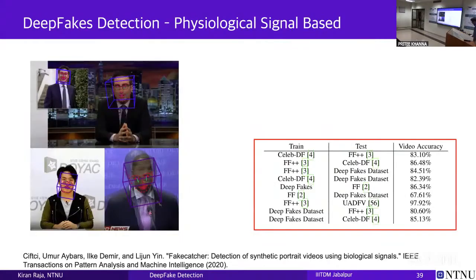Okay, so then there was another work which came out in 2020. So the idea here is that you model the face as a 3D object. And if I model the face as a 3D object, it's in a certain volume, right? So the object that I consider here will be in a certain volume, and the volume cannot change very abruptly.